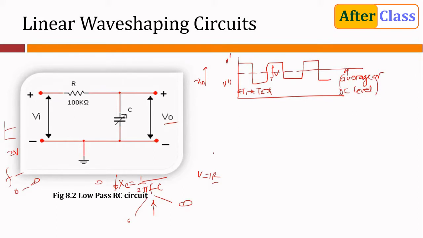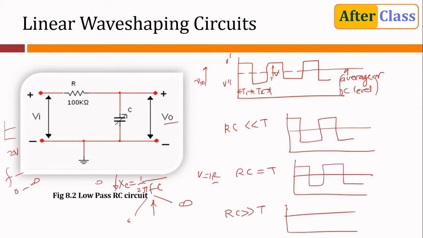Now there are three conditions here. One is RC very much less than T, RC equals T, and RC very much greater than T. We are trying to understand what the output waveform will be if we change the values of R and C. T is the time period of the input signal.